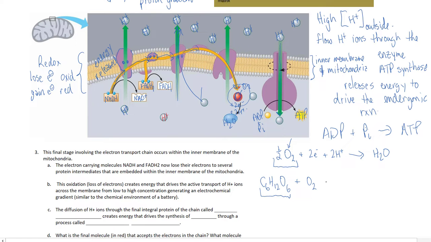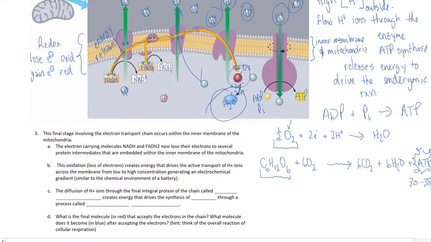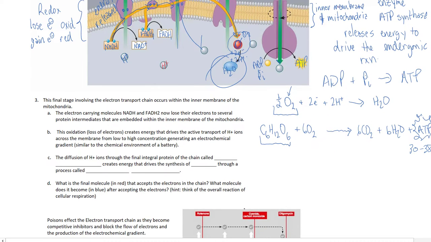It's not directly from glucose to oxygen. So glucose reacts with 6 molecules of oxygen, producing 6 molecules of CO2, 6 molecules of water, right? That's where we see our water, and then our molecules of ATP. And just like nothing is perfect, depending on the number of protons that have been pumped across, our number of ATP may vary anywhere from 30 to 38 ATP per 1 molecule of glucose.